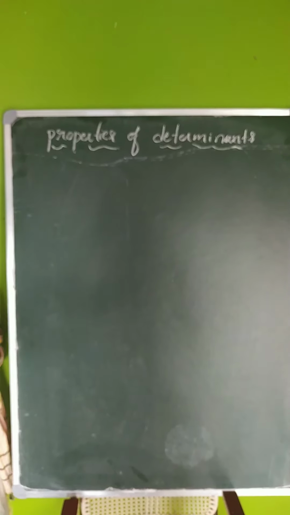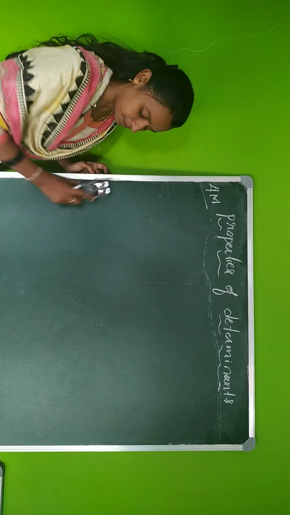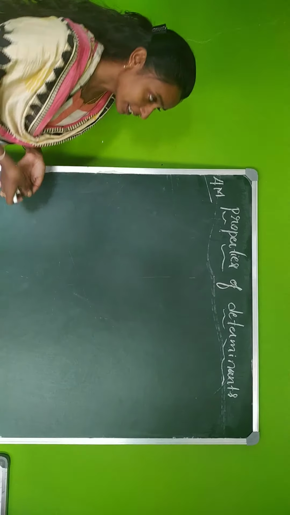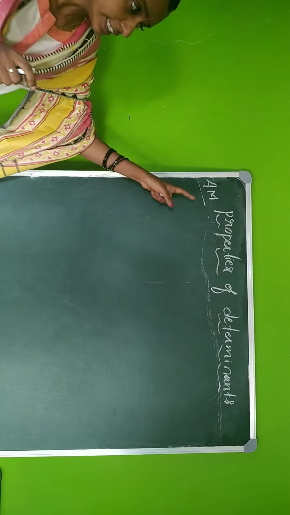Now I'll explain what is the use of these properties of a determinant. The main thing is that these properties will simplify the evaluation, as we'll get more zeros either in a row or a column. Okay, I'll just explain again.